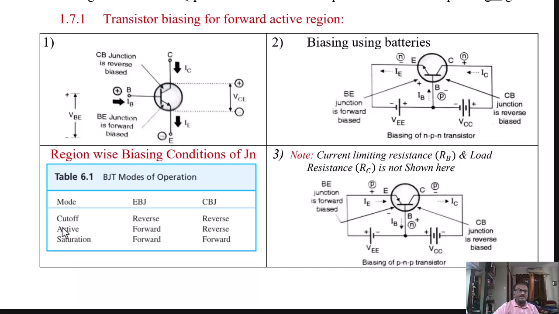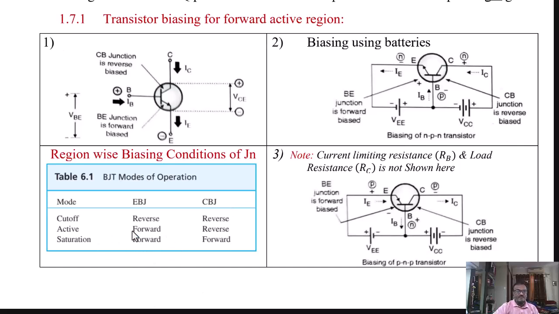Whereas in the cutoff region, the emitter to base junction should be reverse bias, as well as the collector to base junction. So both the junctions are in reverse bias, so no current flows through the device, and therefore the operating point will be located in the cutoff region by adjusting the appropriate voltages of VEE and VCC.